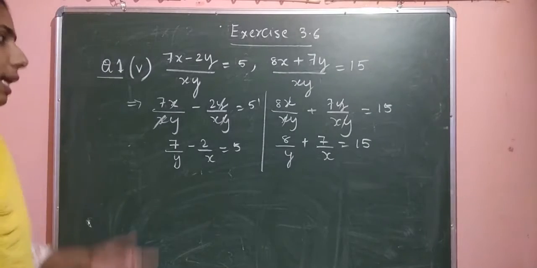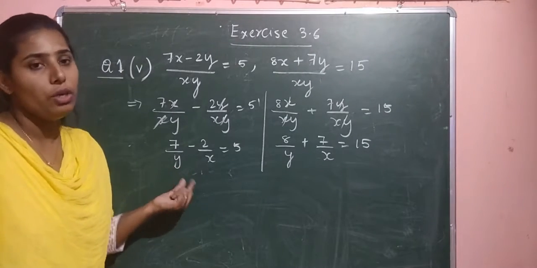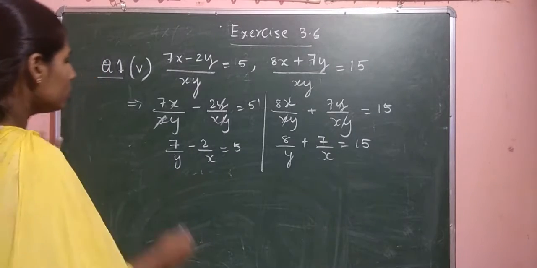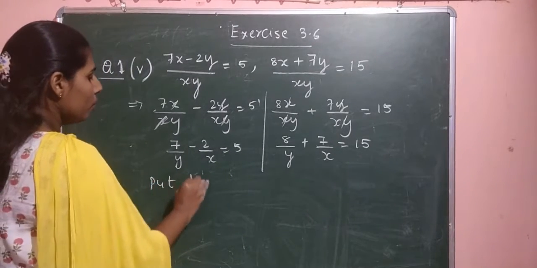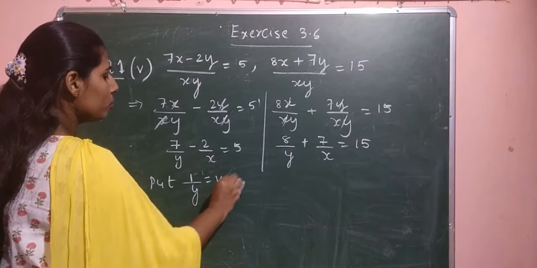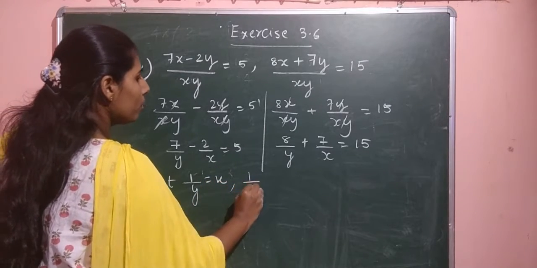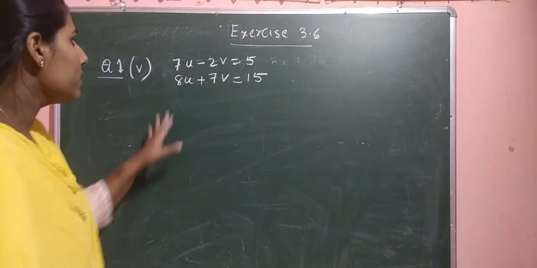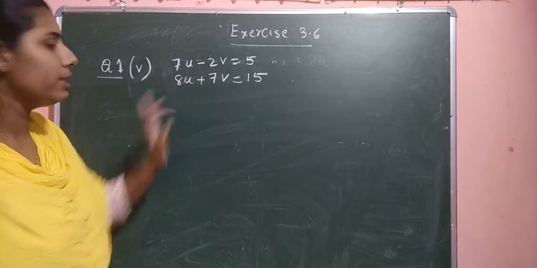Now we will substitute 1/y to be u and 1/x to be v. So we put 1/y = u and 1/x = v. You will see that I have just converted this.